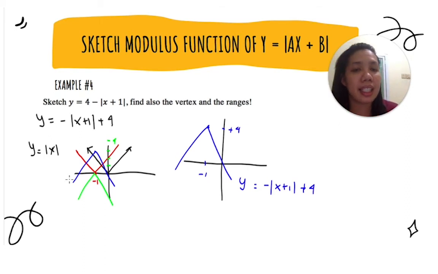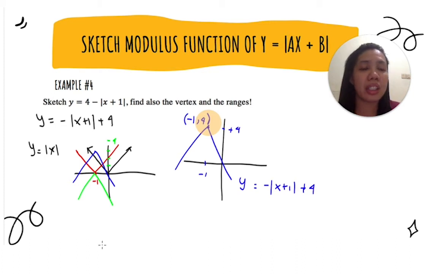Okay, the next thing, we're going to find the vertex and the range. As we can see here, the vertex of this graph is minus 1, 4. Now I'm going to teach you how to find the vertex just by looking at the function. The x coordinate of the vertex can be seen from the inside part of the absolute, which is x plus 1.